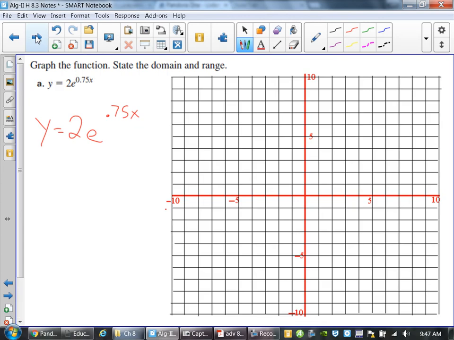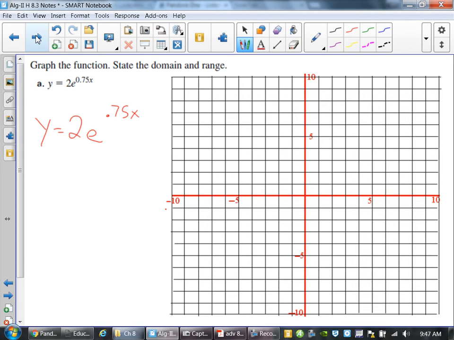So what happens a lot of times when we graph these values with e, we're looking to figure out where they're crossing the y-axis, and then we're just trying to get one other point via our calculator. So if I have y equals 2e to the 0.25x, is this a growth or a decay problem?